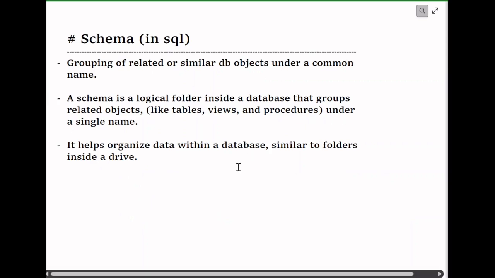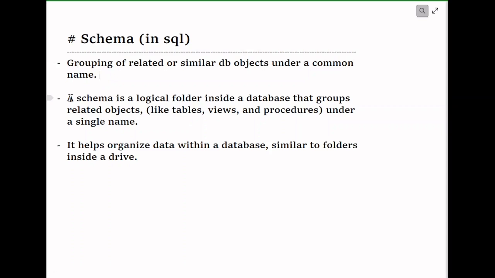As I have already said, it's a grouping of related data under a common name, used for organizing the data in a better way. Another definition says a schema is a logical folder inside a database that groups related objects like tables, views, and procedures under a single name.